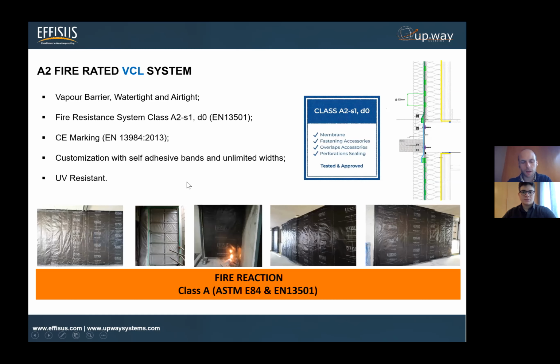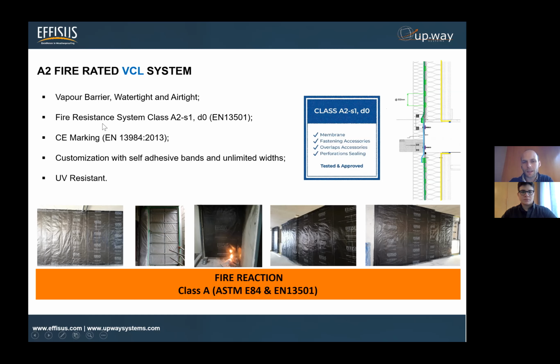So just here, I can highlight these main points regarding our A2 fire rated option. Again, as it is a VCL, we'll have a vapor barrier, watertight and airtight membrane.